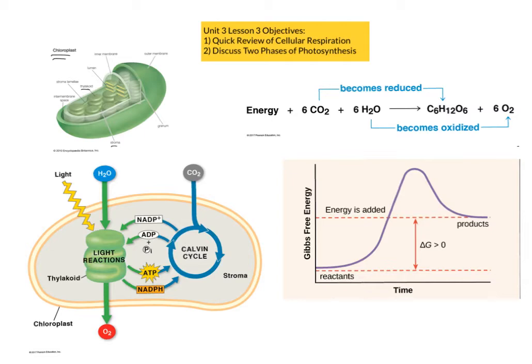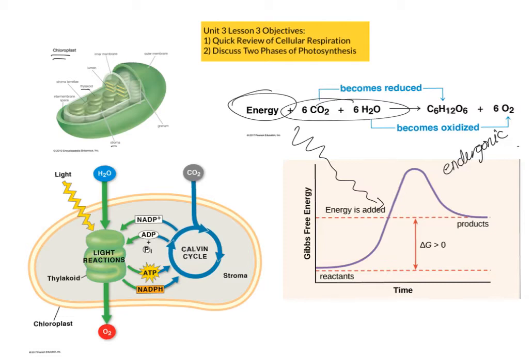We see that photosynthesis overall is what we refer to as an endergonic reaction, because we are taking in large amounts of energy in order to rearrange reactants that have a low free energy into products that have a high free energy, in this case most of that being stored in glucose.